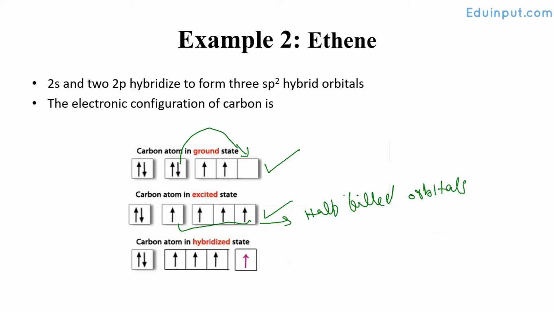Right now these are atomic orbitals basically. So what is going to happen? We see that there are four electrons, but one s and these two p orbitals participate to give us three sp2 hybrid orbitals.